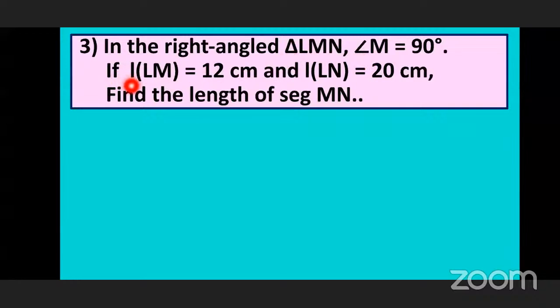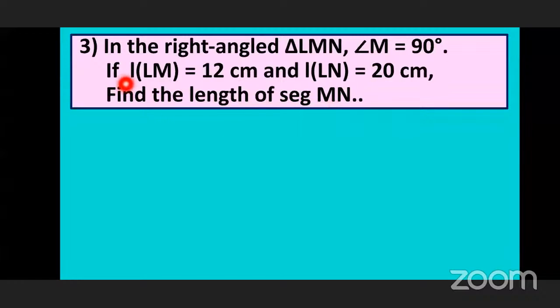If length, L stands for length, length LM. We can also say length of segment LM equals 12 centimeter and length of segment LN is 20 centimeter. Find the length of segment MN.